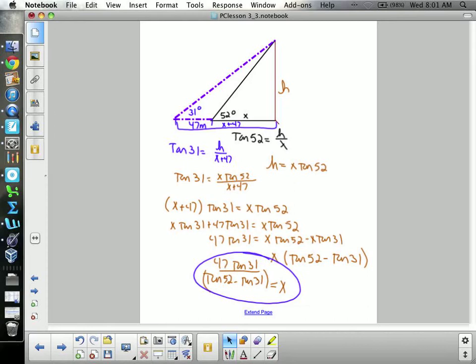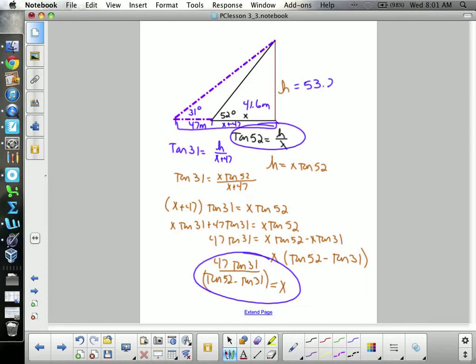It winds up being 41.6 meters. And once I have that, I can just substitute into here very easily. h equals that times tan 52, which is 53.2 meters for the tower height.